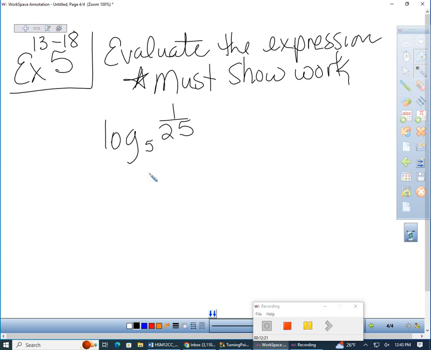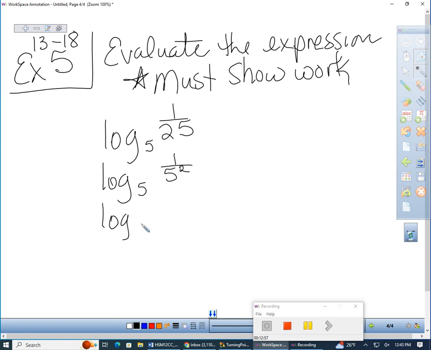All right, so the first thing we have to do is get a base of 5 out of this 1 over 25. Technically our first step is we can change it to log base 5 of 1 over 5 squared. Right? 25 is 5 squared. But in order to get that 5 squared to the top, what do I have to do to the exponent?